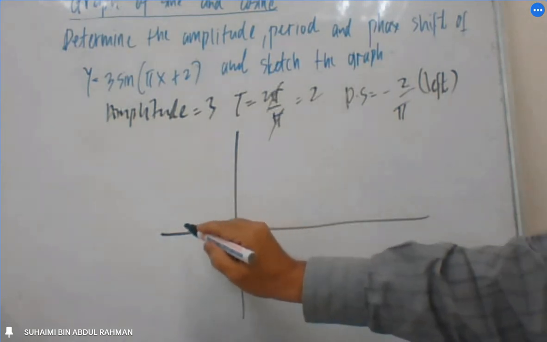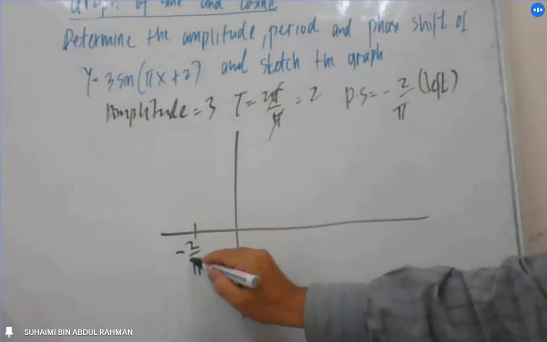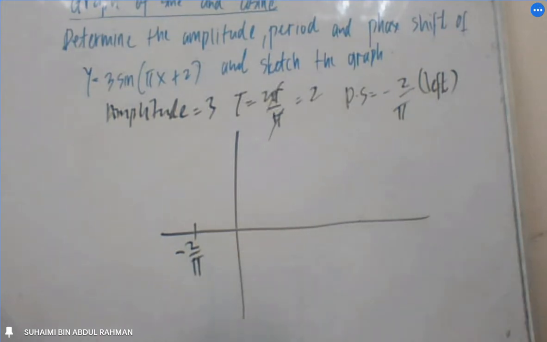Now, where do we start? Minus 2 over pi. Where are we going to stop?